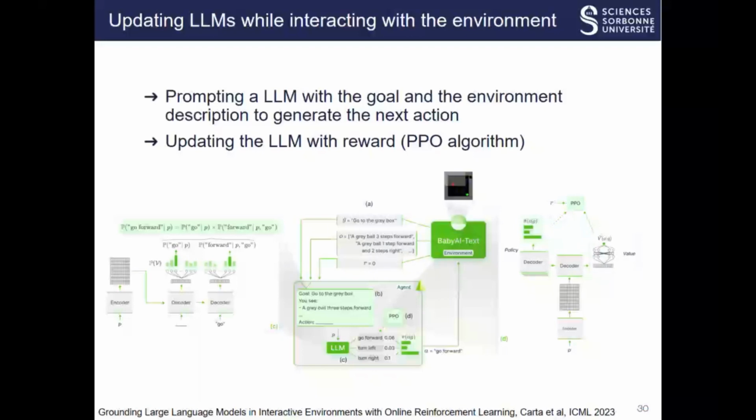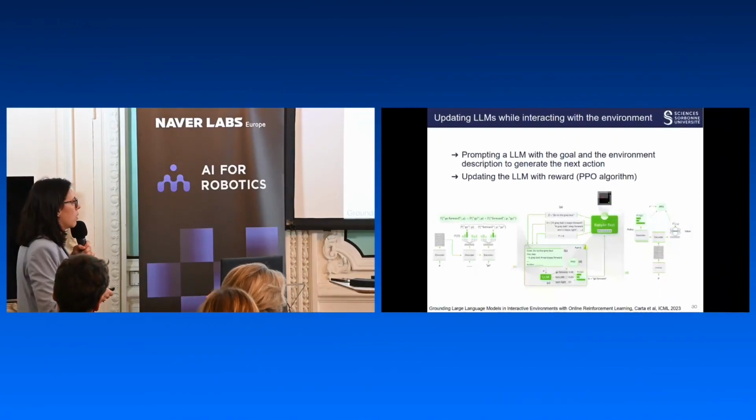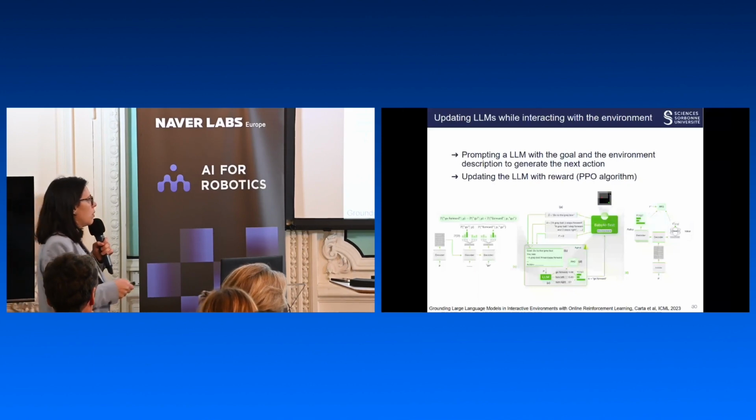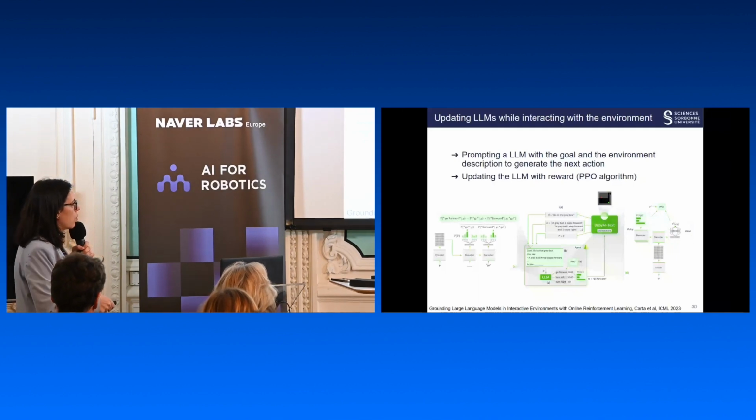The objective here is to describe the environment with natural language sentences. Then you can build a prompt to provide to the LLM, and the LLM can identify what is the next action to perform according to the probabilities. And this model is fine-tuned according to an environment in which you have a reward, and then you apply the PPO algorithm to fine-tune the model.